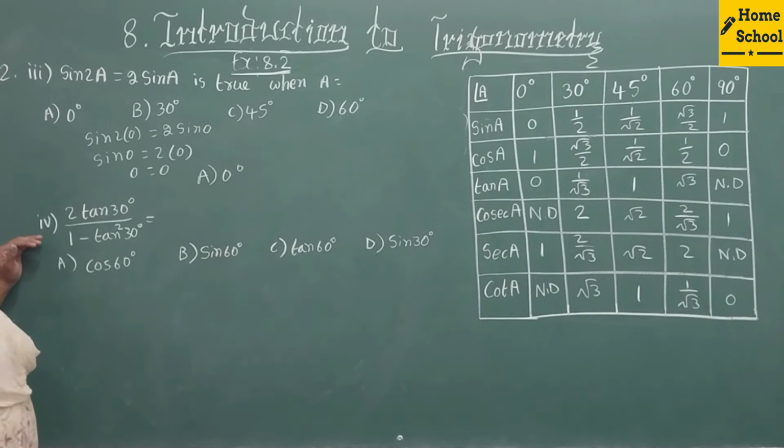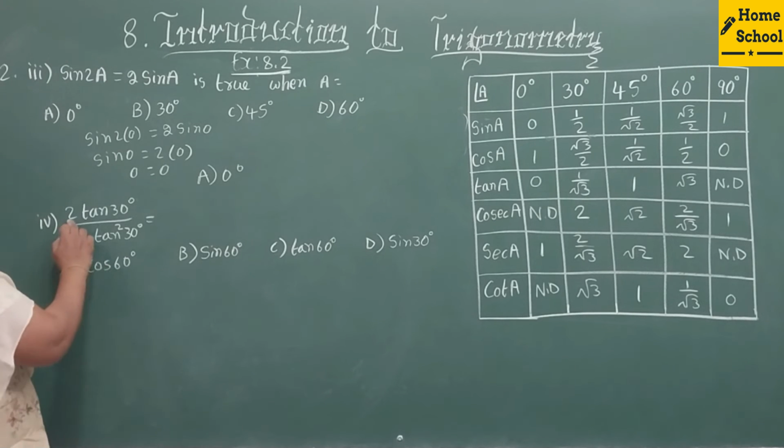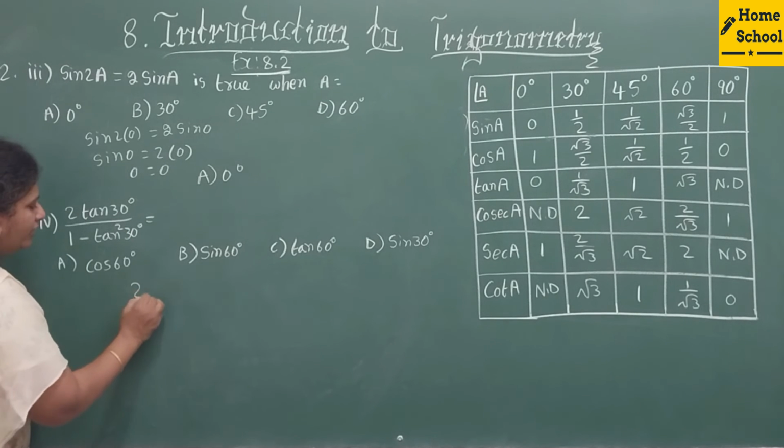See the fourth one. 2 tan 30 degree by 1 minus tan square 30 degree. 2 tan 30 degree it says 2 into.